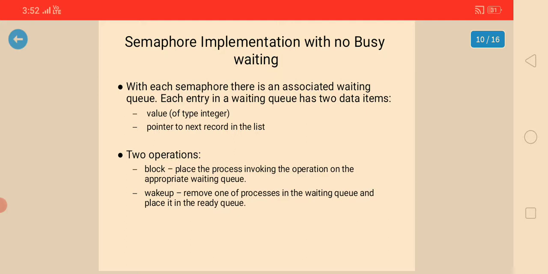Wakeup means removing one of the processes in the waiting queue and placing it in the ready queue. So after completion of one process, if any other process wants to execute in the critical section, it will be moved to the ready queue.